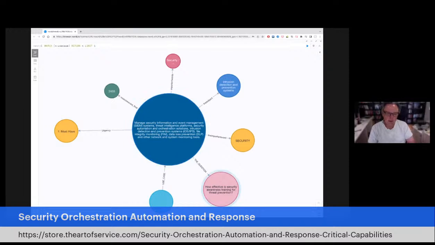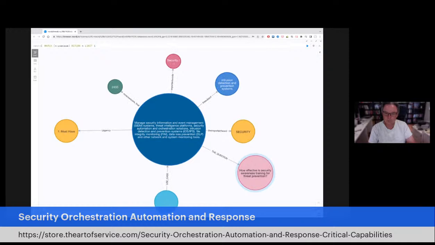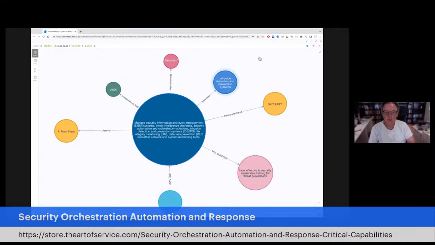An important question to ask here is: how effective is security awareness training for threat prevention? Do we actually do security awareness training, and how effective is it? How do we know how effective it is? We can see here that it's related to security and to intrusion detection and prevention systems.